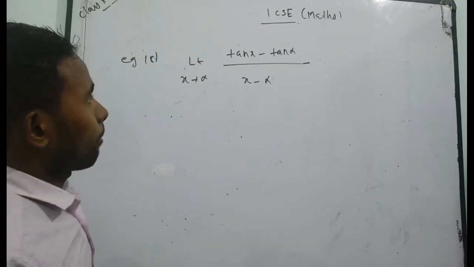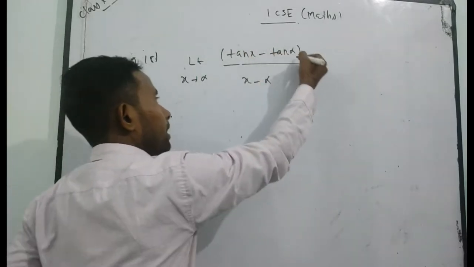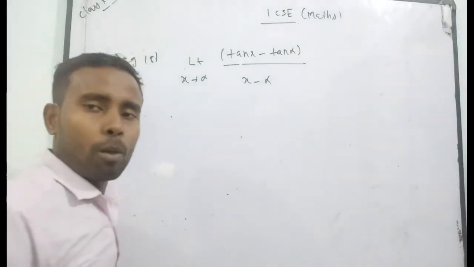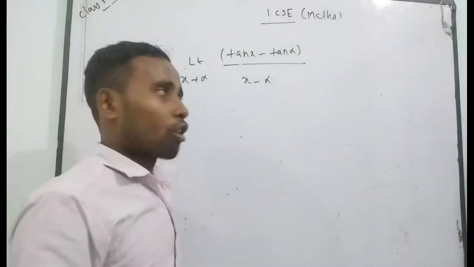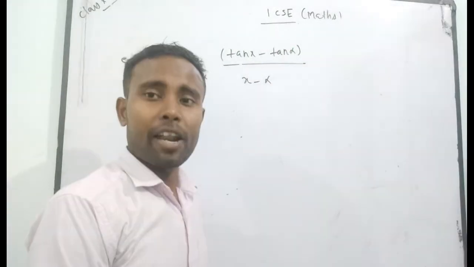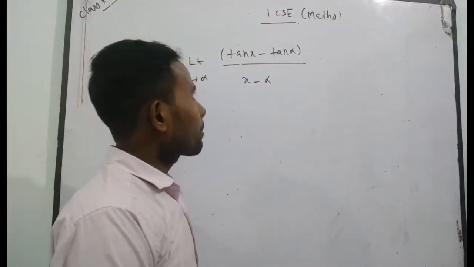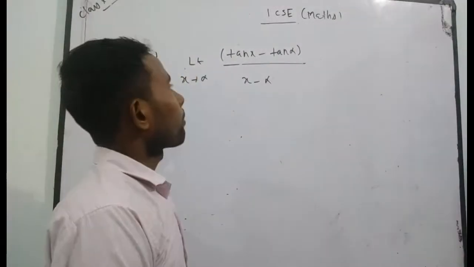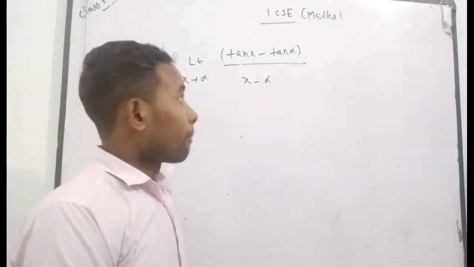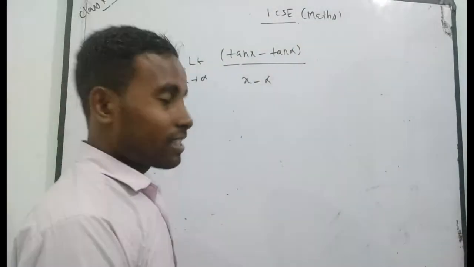How can you solve this problem? You can solve this problem in two ways. Firstly, write tan x as sin x by cos x and tan alpha as sin alpha by cos alpha. After manipulating, you get some formula in the numerator, and by directly putting the value you can solve it. But I want to give you some other method.